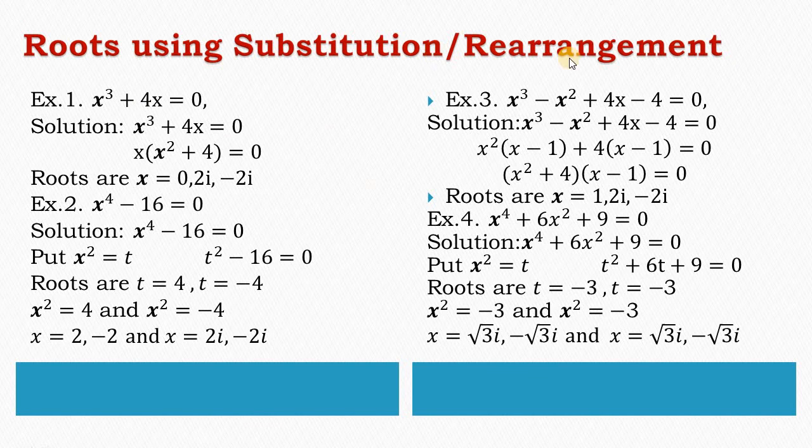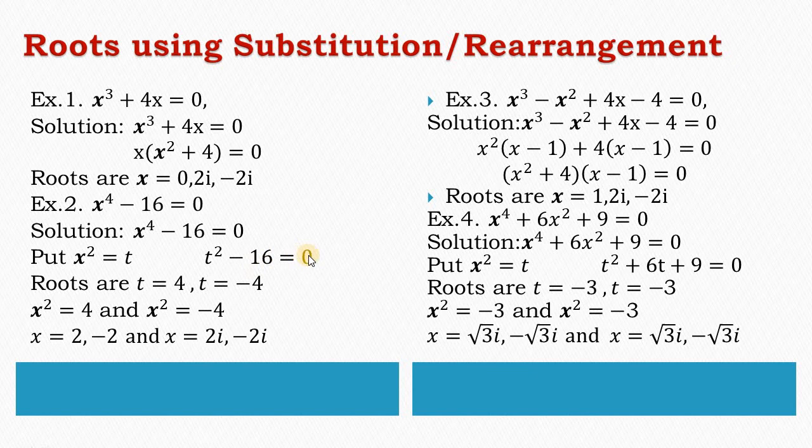Okay. So for a cubic polynomial, sometimes we can rearrange terms and easily find the factors and the roots. Now suppose it is x raised to 4 minus 16, a 4th degree polynomial. So I can write x square as t. So x raised to 4 becomes t square, and my given polynomial is reduced to t square minus 16 is 0.